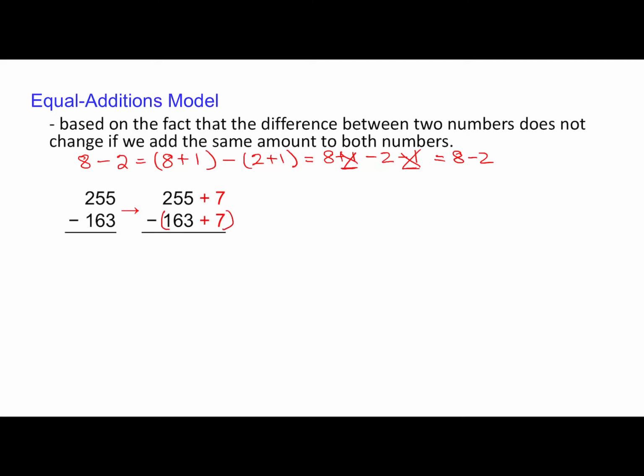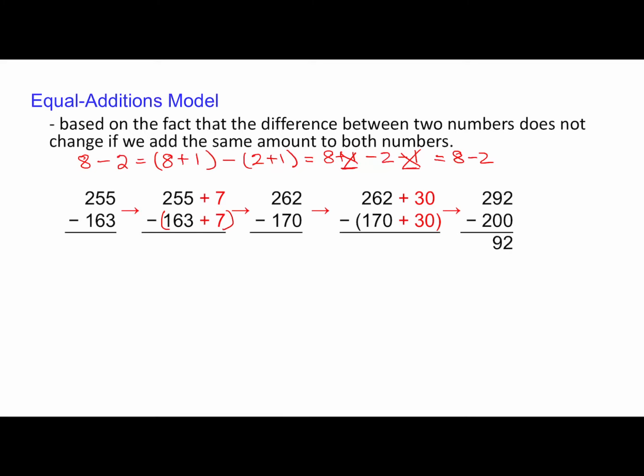And I'm going to put parentheses here just to remind us that we're subtracting the 163 plus 7 here. All right, now when I add 7 to each, I'm going to get 262 minus 170. And again, I can add 30 to 170 to bring that to 200. So I'm going to add 30 to 262 and 170.